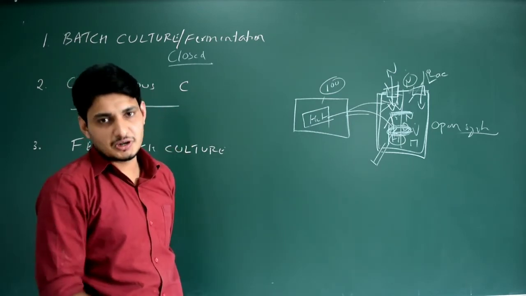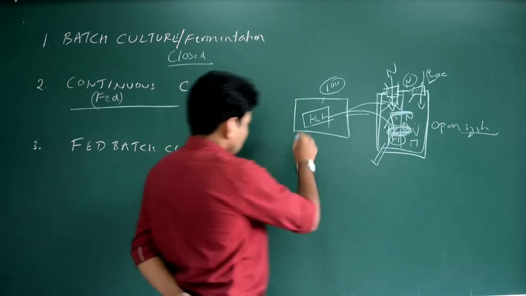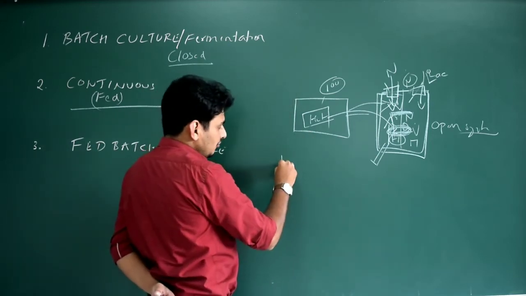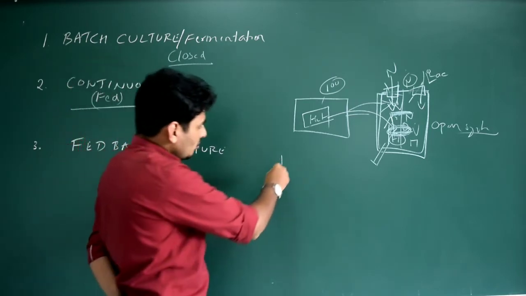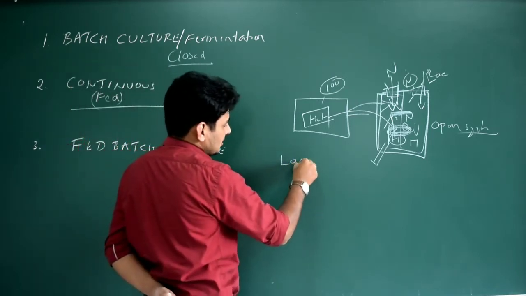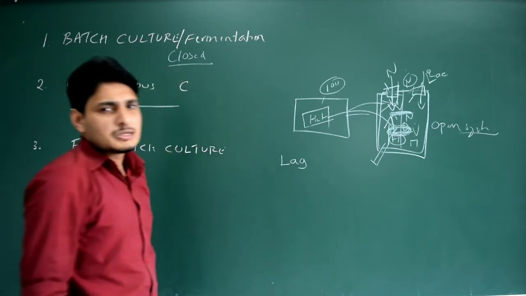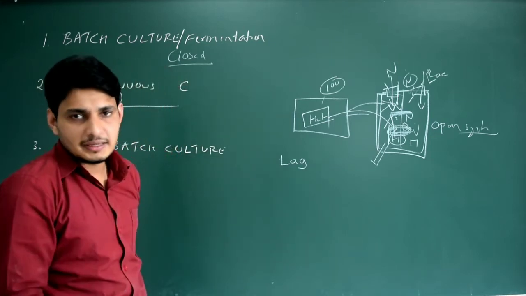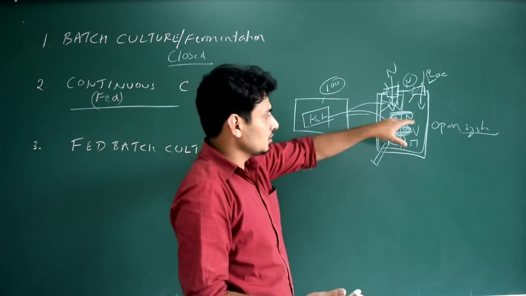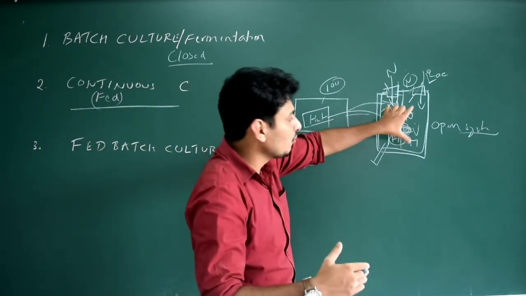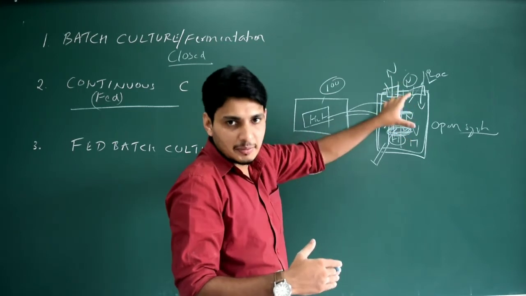What is the disadvantage? Let me just tell you, if you take any organism's multiplication rate, normally it starts with the lag phase. Lag means slowly it starts to multiply. Why? Because it has to get adapted or adjusted to the environment, the climate.